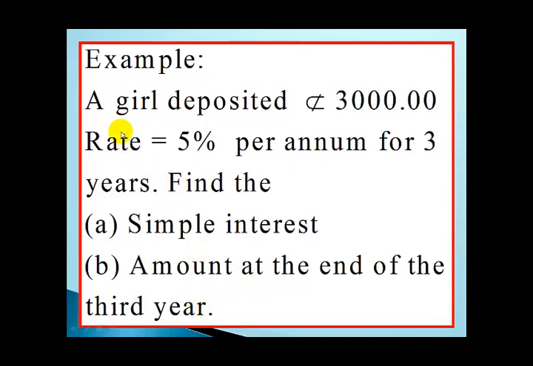The question says a girl deposited 3,000 cedis at the rate of 5% per annum for 3 years. That means that the rate is 5%, the principal is 3,000, and the number of years is 3. So you are supposed to find the simple interest and the amount at the end of the 3rd year.